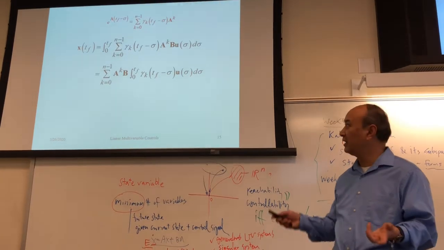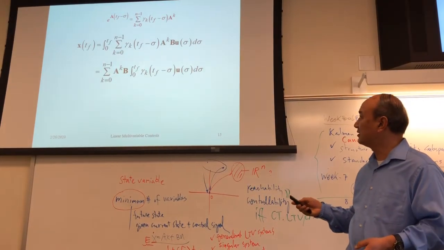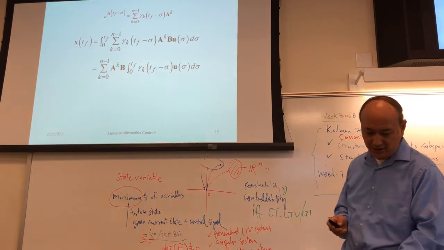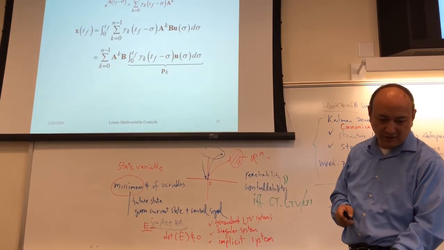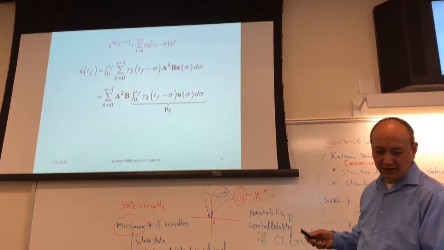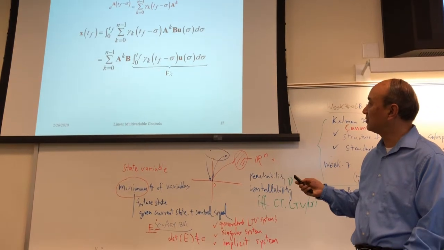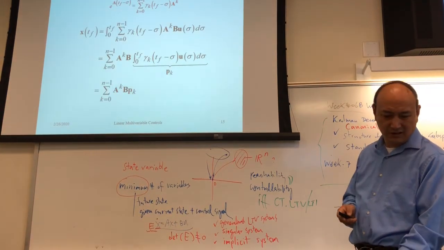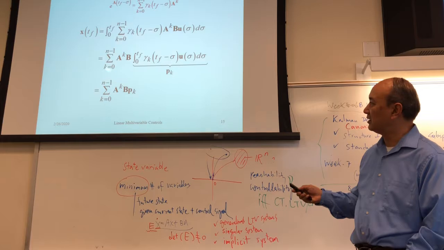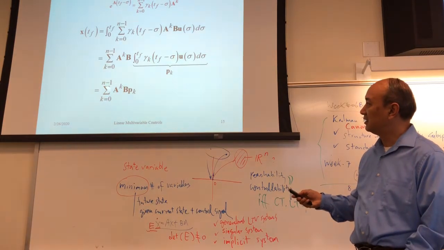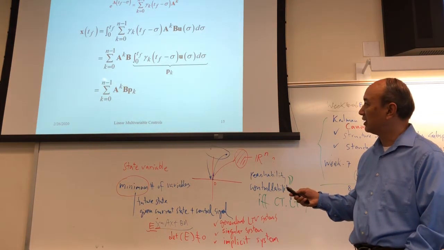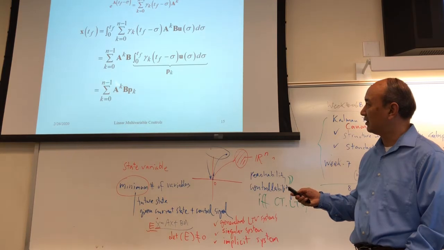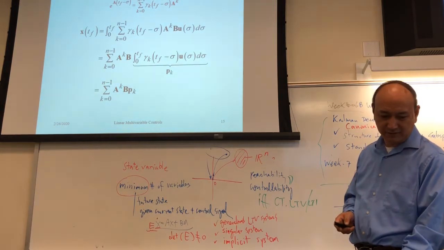And because A and B are constants, you end up with this one. And this is dependent on k, so you write it as a pk vector. So you end up with a limited, not infinite, finite summation of the matrix.